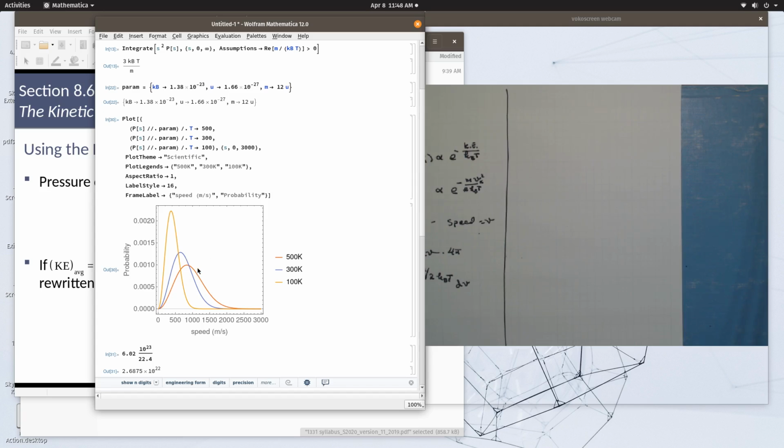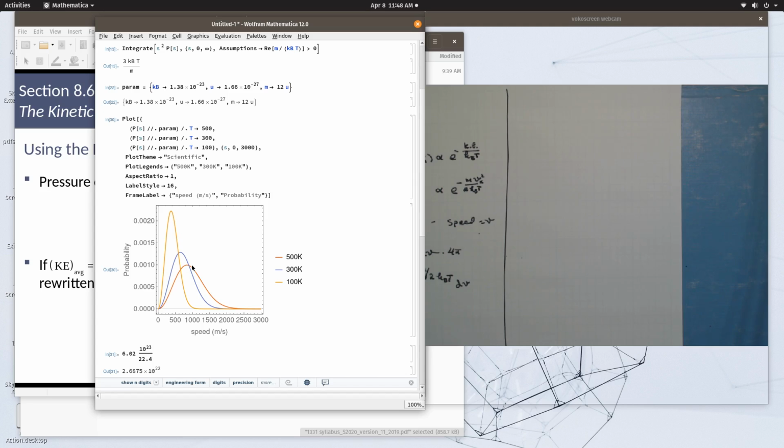Oh wait, I'm sorry, I need a mass up here. There's also a mass. I forgot that mass. In this case, it's a carbon-12 atom at 500 degrees Kelvin, 300 degrees Kelvin, and 100 degrees Kelvin.